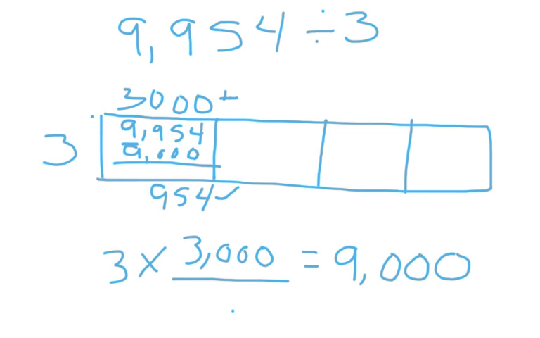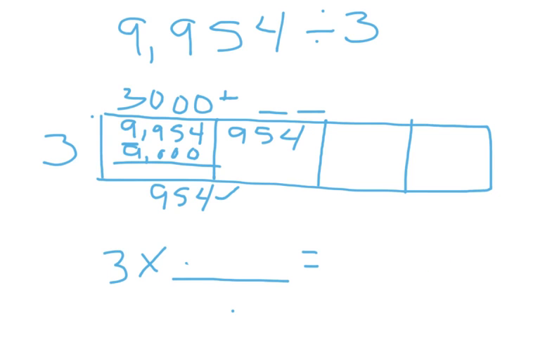So now let's go ahead and move it over to the hundreds column. And now what I want to know is how many hundreds, and remember it's going to end in 2 zeros because hundreds always ends in 2 zeros. How many hundreds can I multiply 3 by to get as close as possible to, let's take a look at the number in the hundreds place. Let's do this step by step. 900. How many hundreds can I multiply by 3 to get as close as possible to 900?